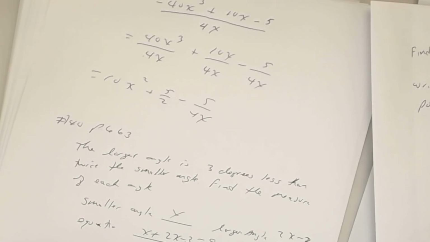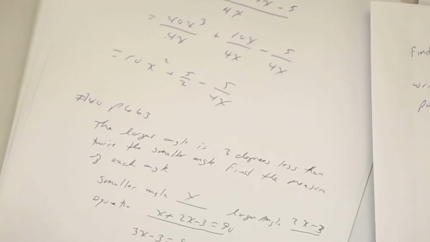Okay. So remember, now you're going to write your answer. You're trying to find both angles, right? So you know the smaller angle. So you're going to say the smaller angle is 31 degrees.